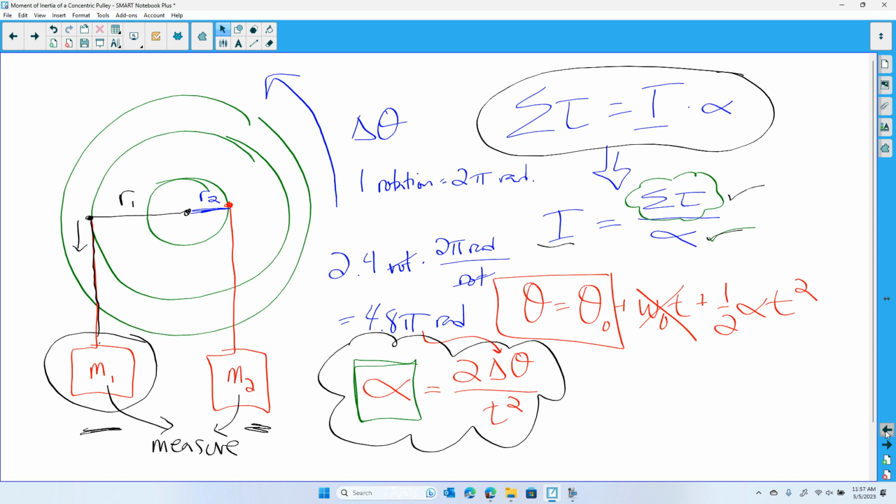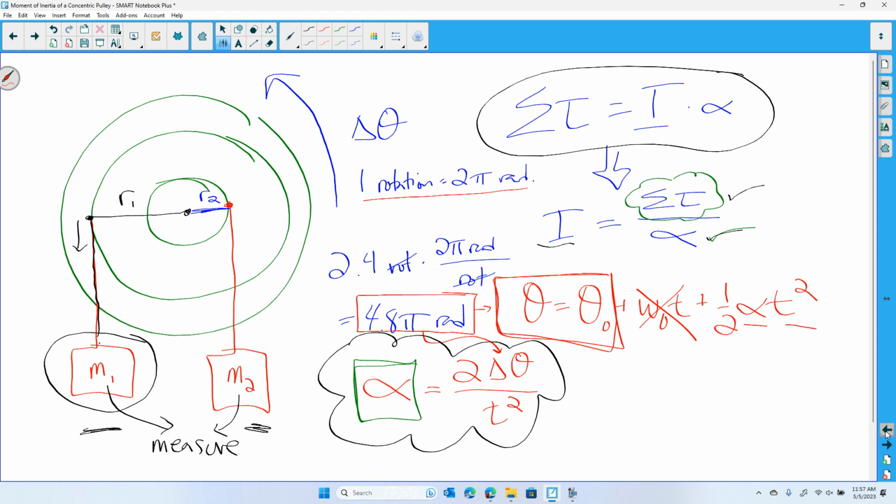And what I suggested on Wednesday was, if we count rotations, we can figure out how far this concentric pulley rotates in radians. That's our unit of angular measurement, because one rotation is 2 pi radians. So if you count rotations and multiply by 2 pi, we will get an angular displacement. And we have an angular kinematics equation that relates angular displacement to angular acceleration and time.